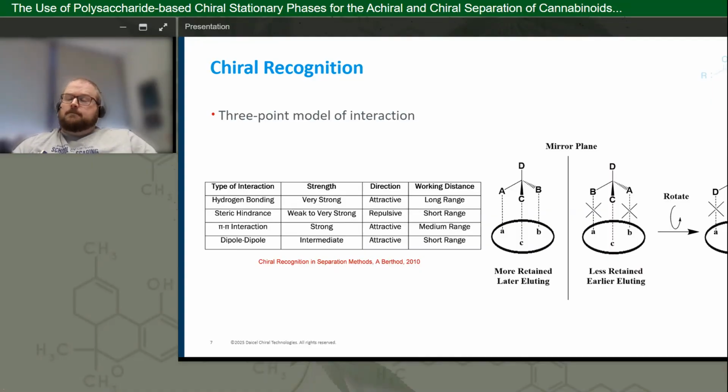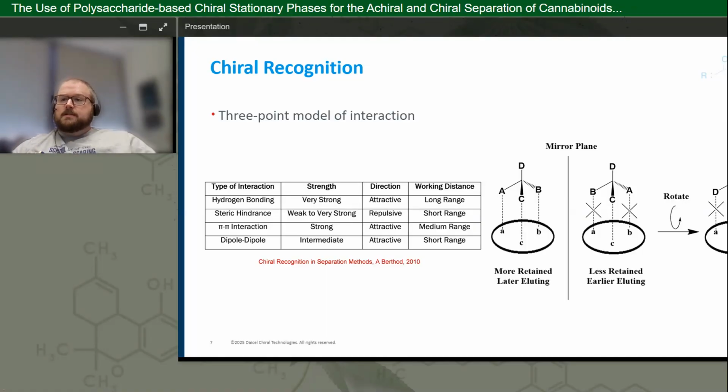On the left-hand side, you've got 3 points of interaction lining up nicely with 3 points on the chiral stationary phase. Because of that alignment and the energy of binding that takes place, this would be a more retained or later eluting enantiomer.